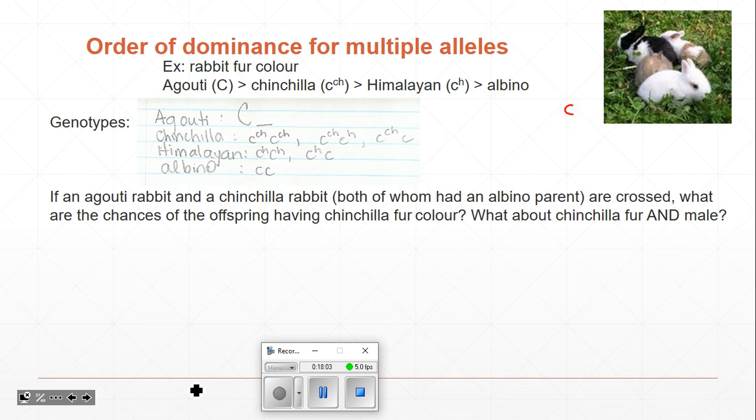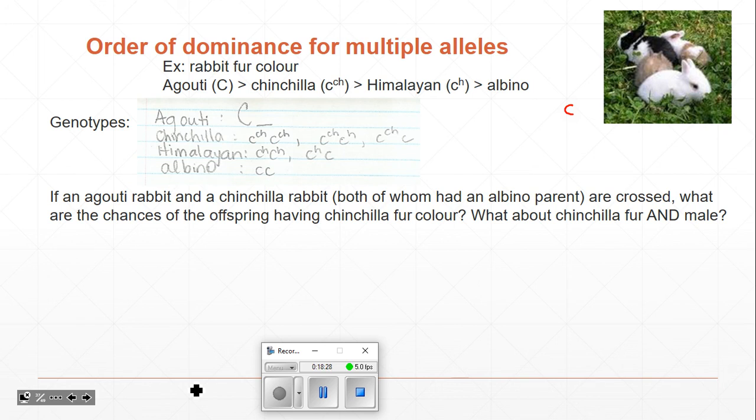For the chinchilla allele, it couldn't be paired up with agouti. If it was, the fur color pattern would be agouti. But if I had 2 chinchilla alleles, chinchilla and Himalayan, or chinchilla and albino, any of those combinations would give me a chinchilla fur pattern. That's because chinchilla is more dominant than Himalayan and albino.